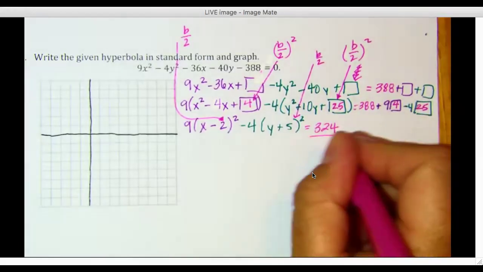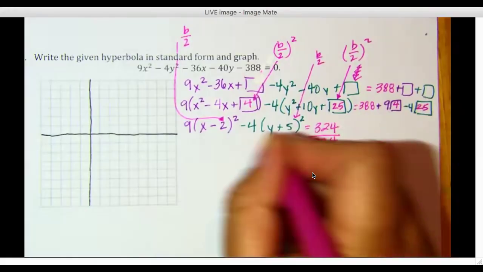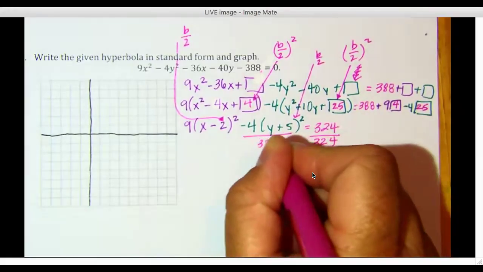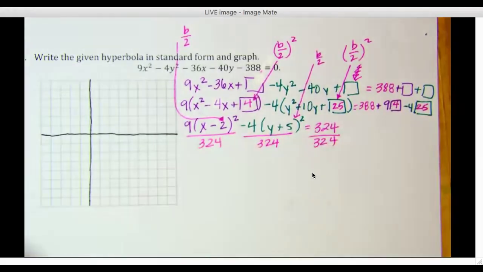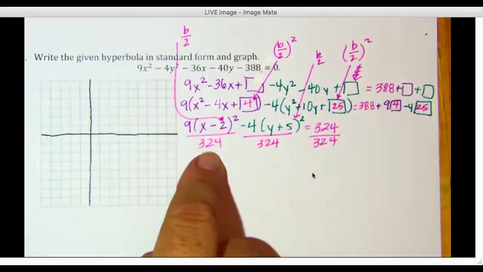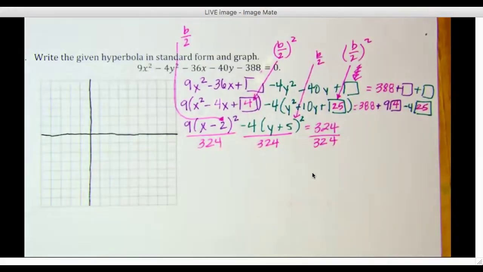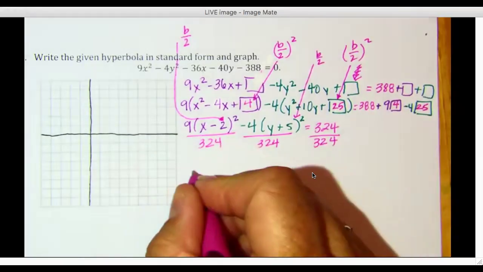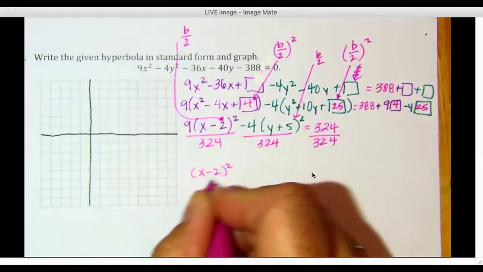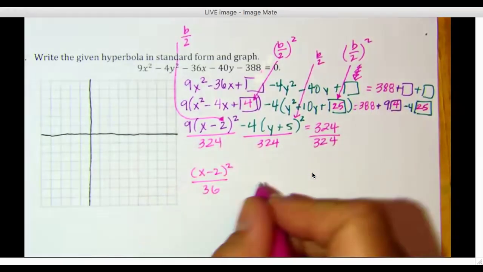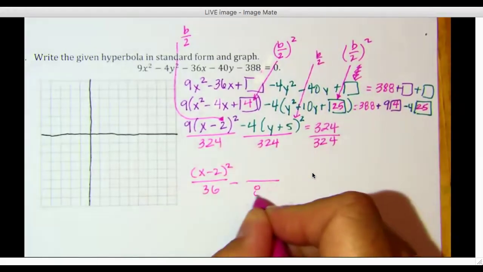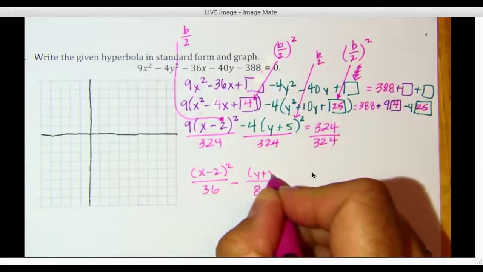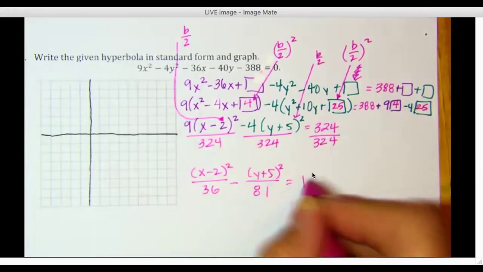And then I'm going to divide both sides by 324 because I want this equal to 1. And those fractions reduce. 324 divided by 9 gives us 36. So this becomes x minus 2 squared over 36 minus y plus 5 squared over 81, equals 1.